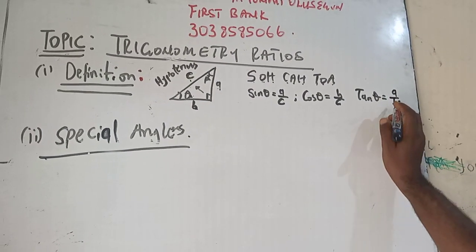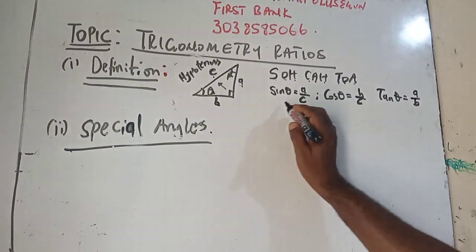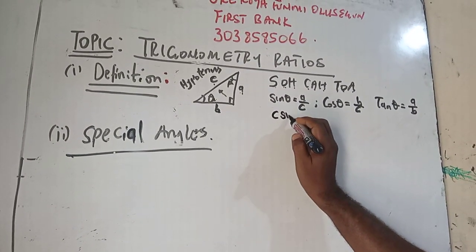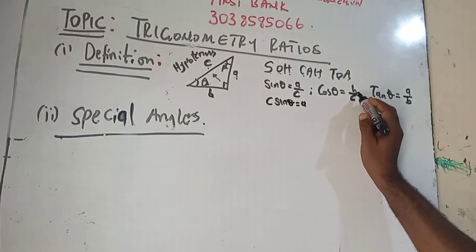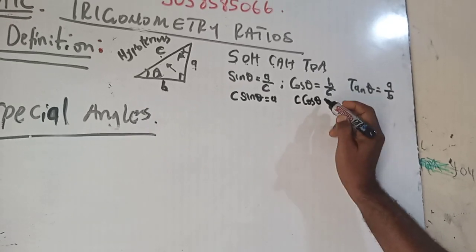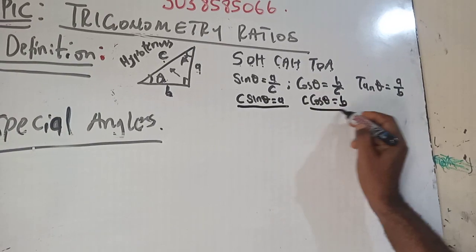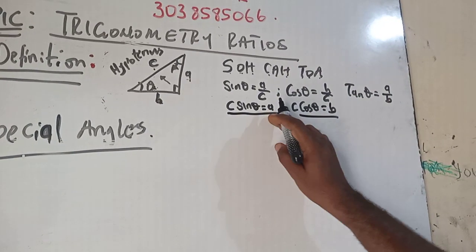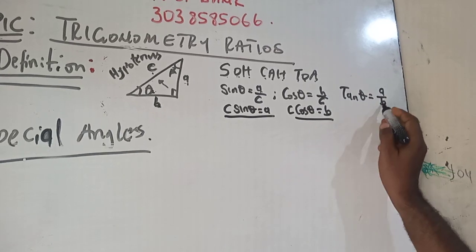Now, I want you to take note of something. If I make A subject of the formula here, I have C sine theta is equal to A. If I make B subject of the formula here, I have C cos theta is equal to B. Now, I can substitute for A here, and I can substitute for this B here.